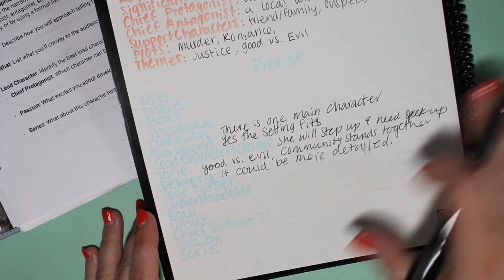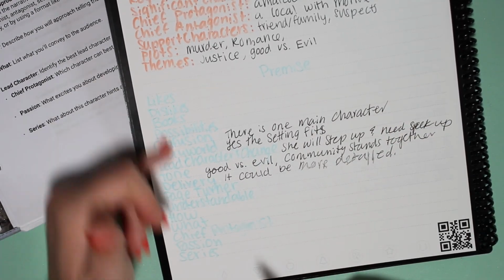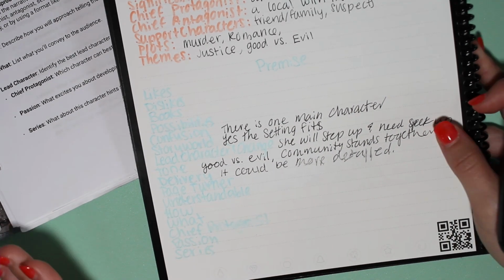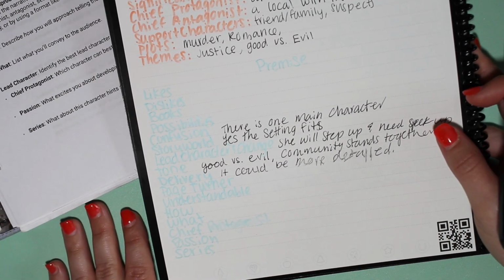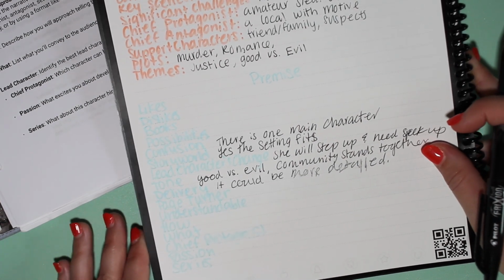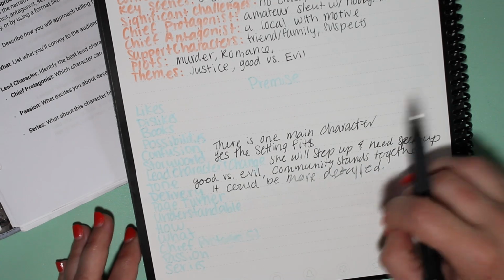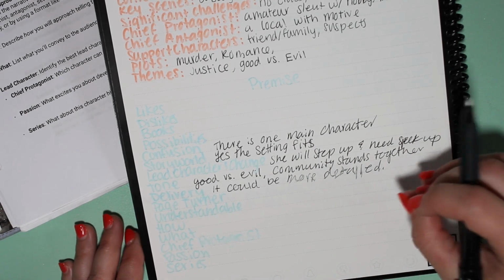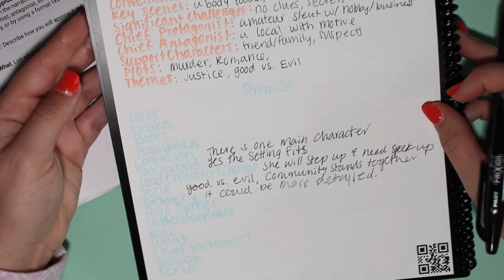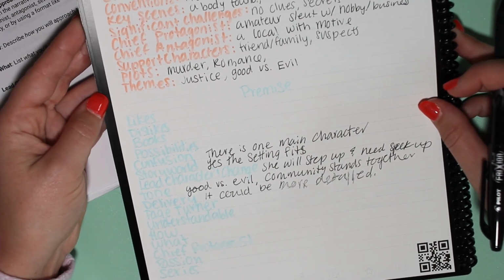But I will continue finishing these questions, and then after premise, I believe we move on to characters, and that one has a lot. Characters is, I would say, a part that I struggle with in the story.